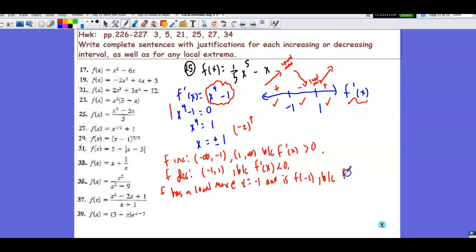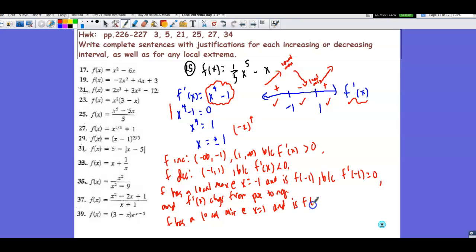Justification: because the first derivative at negative 1 equals 0, that establishes the critical number, and the first derivative itself changes from positive to negative.